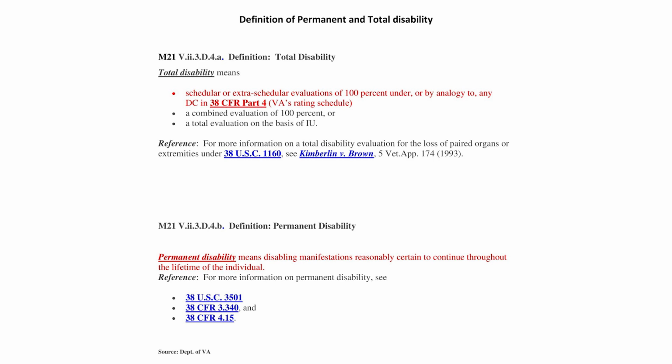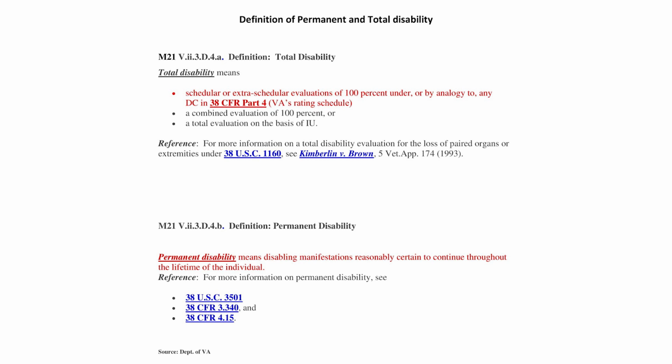And then it also says a combined evaluation of 100% or more, or a total evaluation on the basis of IU. So let's go back to that first bullet comment. It states 38 CFR Part 4. That's the rating schedule. That's where you're going to find all the VA's diagnoses.